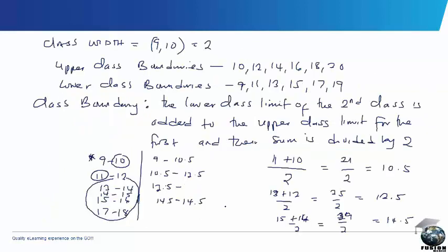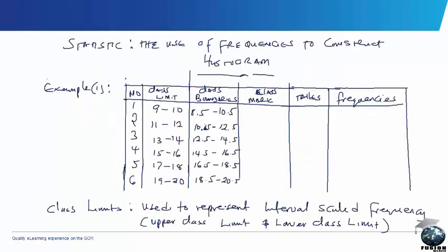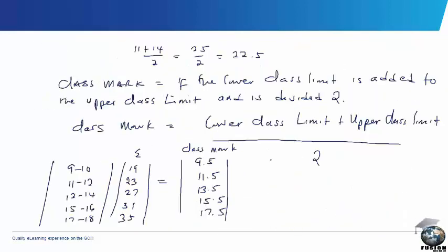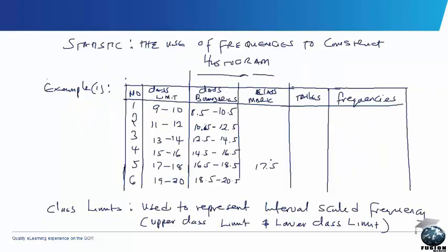So we go back to our table and update it with the values 9.5, 11.5, 13.5, 15.5, 17.5.